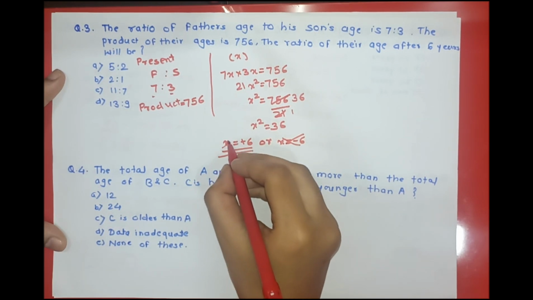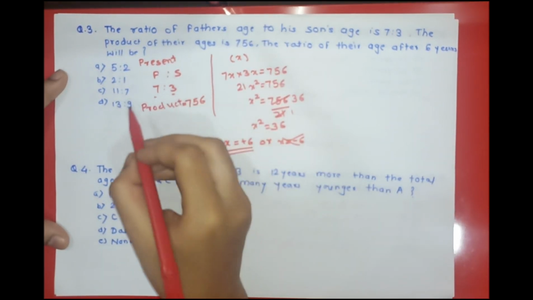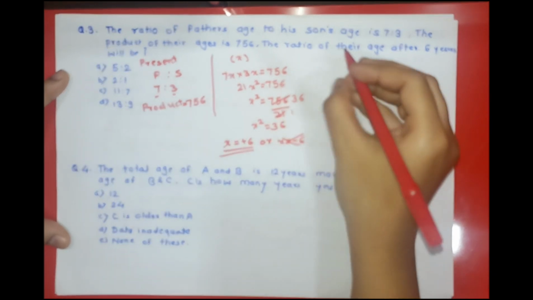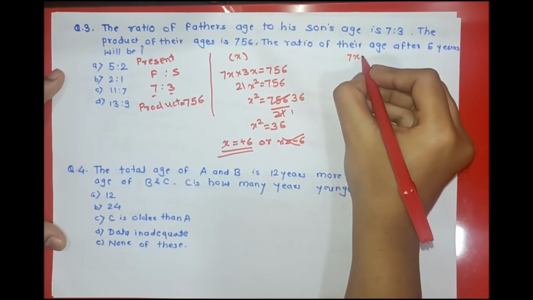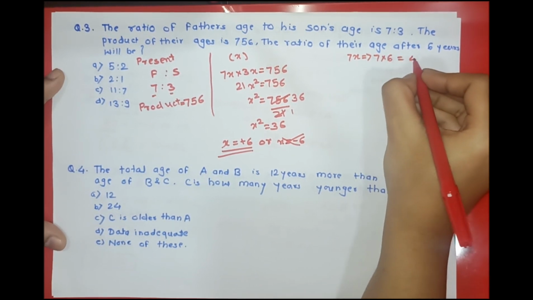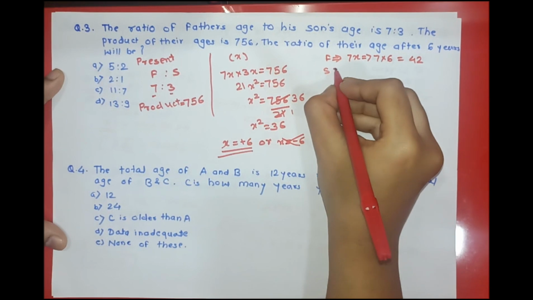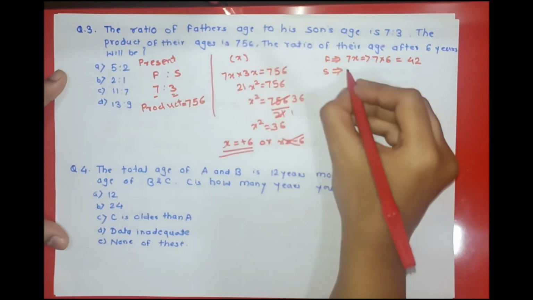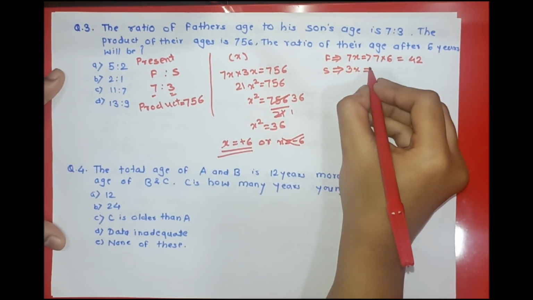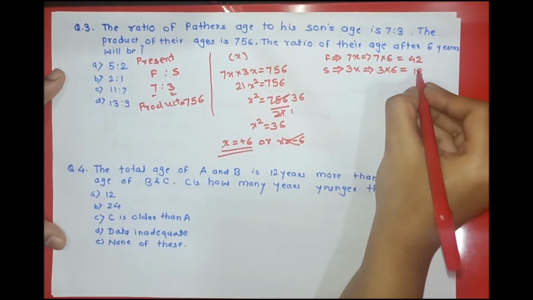So let's find out the ages. So in the ratio value, the father's age was 7. So 7x, write it as 7 into 6, it becomes 42. This is father's age. And son's age, in the ratio it was 3. So 3x, and it is written as 3 into 6, it becomes 18.